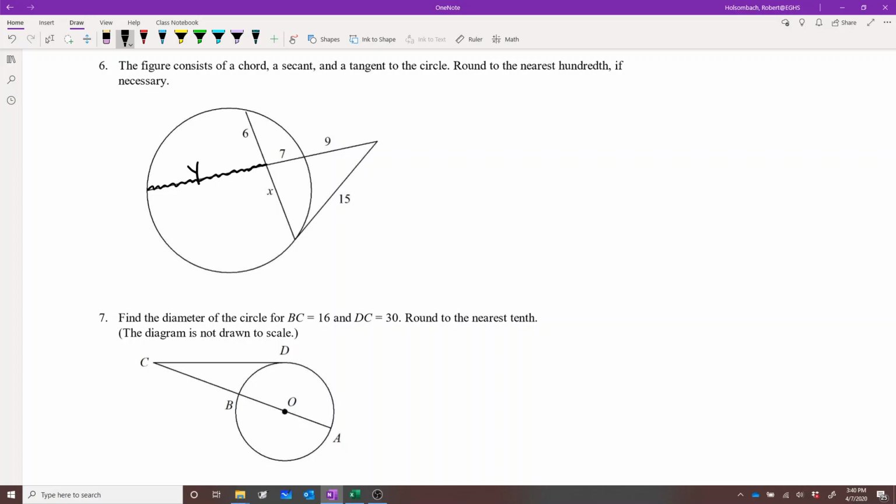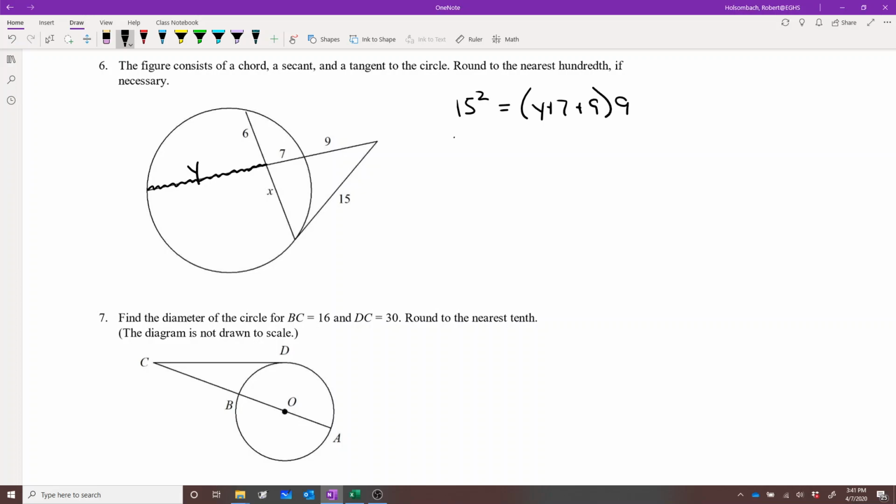So the first part of this problem is we're going to take this tangent, 15 squared, and we're going to make it equal to this entire secant, which is y plus 7 plus 9, times the outside portion of the secant, which is 9.